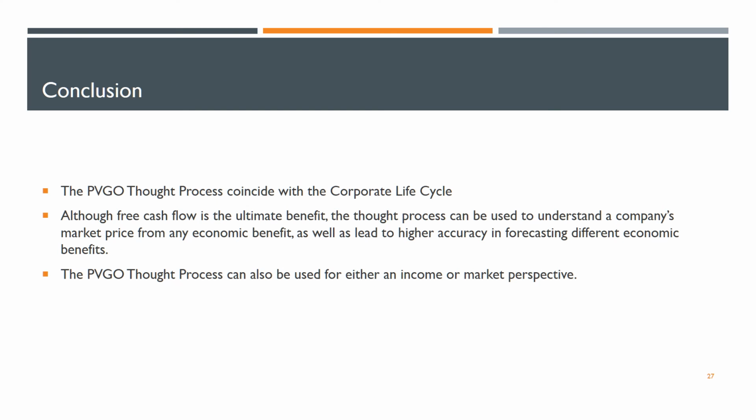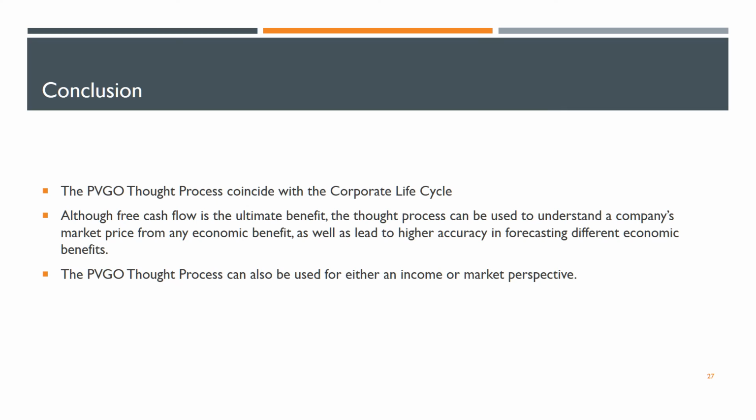So, in conclusion, the PVGO thought process coincides with the corporate life cycle. That's one of the key things to keep in mind, and one of the key things I want to stress, that this can be used at different stages of the life cycle. Although free cash flow is the ultimate benefit, at least in my eyes, the thought process can be used to understand a company's market price from any economic benefit, as well as lead to higher accuracy in forecasting different economic benefits.